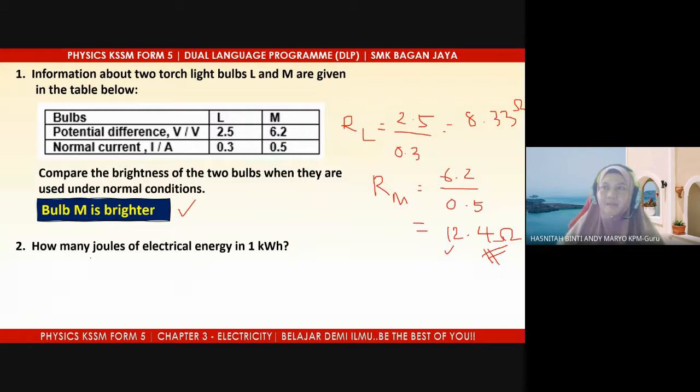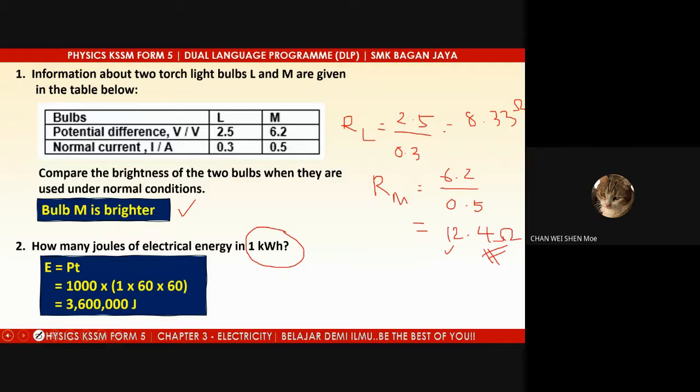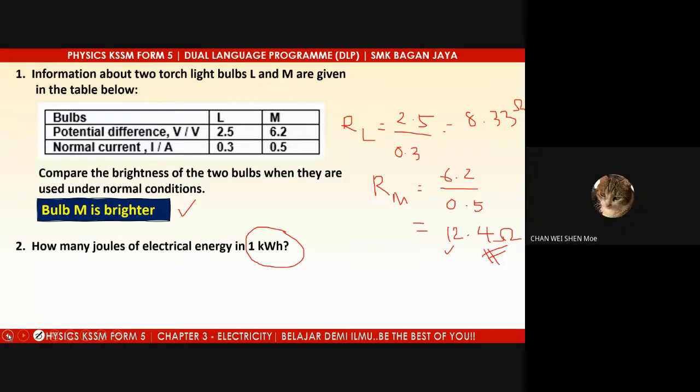Okay. Number 2, how many joules of electrical energy in 1 kilowatt hour? You have to respond to this. Teacher, may I have a try? Yes. 1000 joules of electrical energy is used in 1 second under 240 watt.